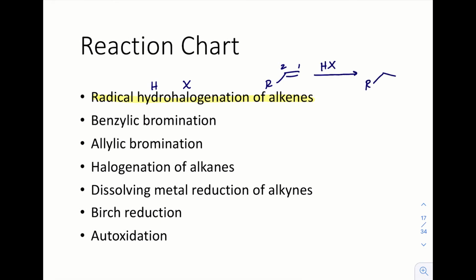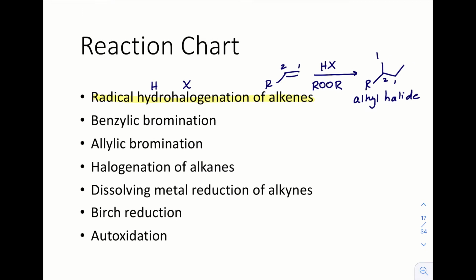However, the constitutional isomer of the alkyl halide product that is formed is different than the constitutional isomer that would be expected if just HX was used as a reagent. If just HX is used, X is expected to add to the more substituted carbon and H to the less substituted carbon. However, when trace peroxides are present, either on purpose or on accident, the selectivity is switched.